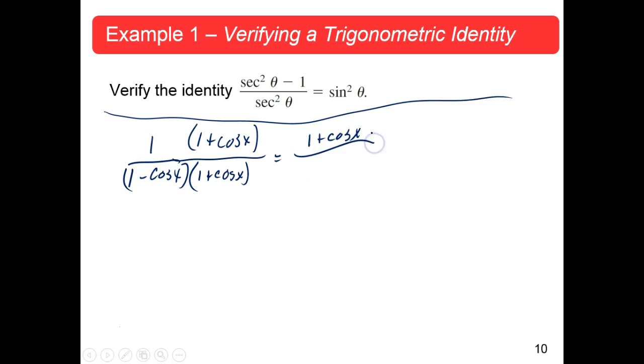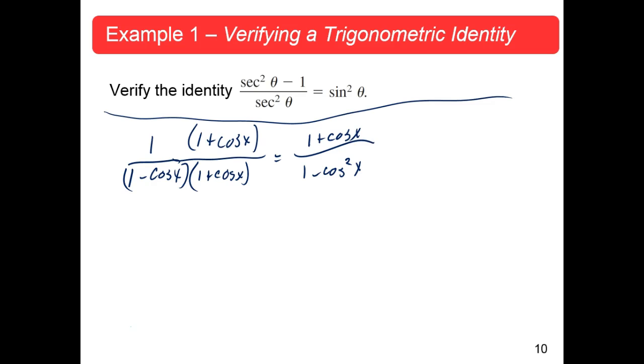But now the denominator is what? Cosine squared x. And guess what that is? What does it become with the Pythagorean identity? What's 1 minus cosine squared?